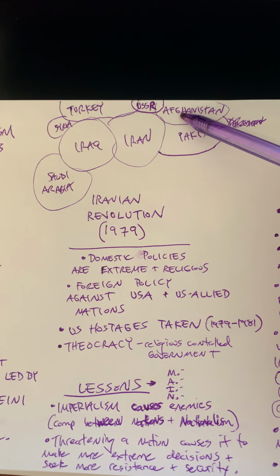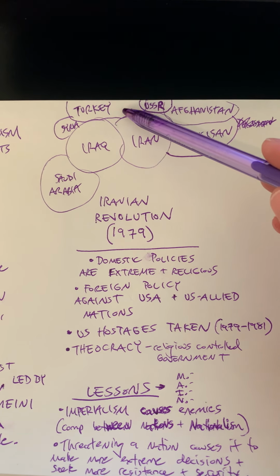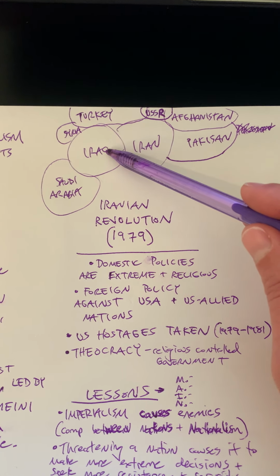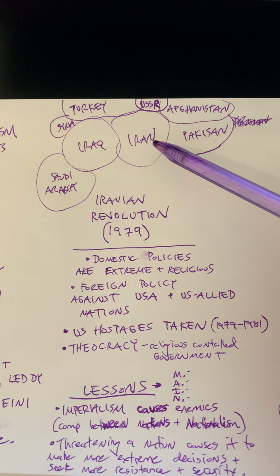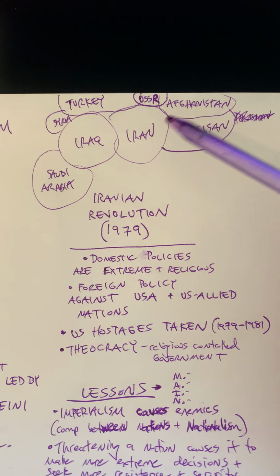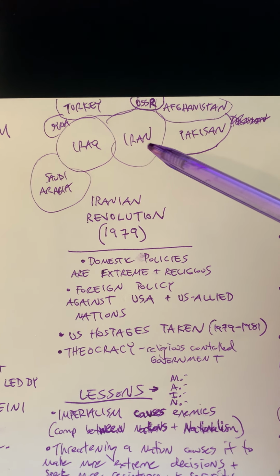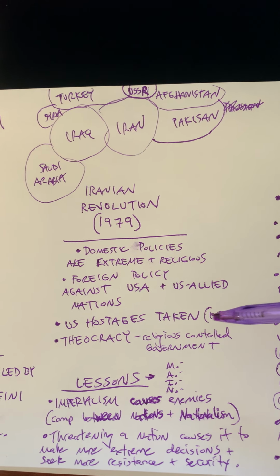At this point, the United States has troops in Afghanistan, Pakistan, Turkey's a NATO member, US troops in Iraq, and we saw that Iran feels surrounded by the United States. And so it is not surprising that they're lashing out at the United States as well and pursuing to build an atom bomb.